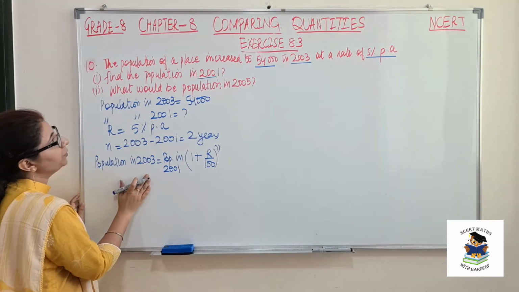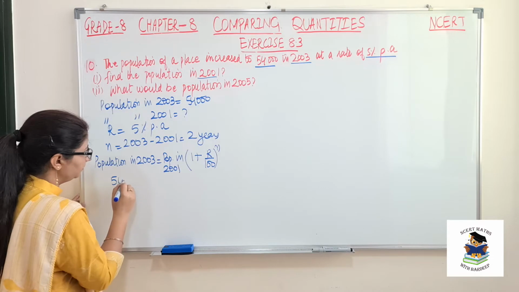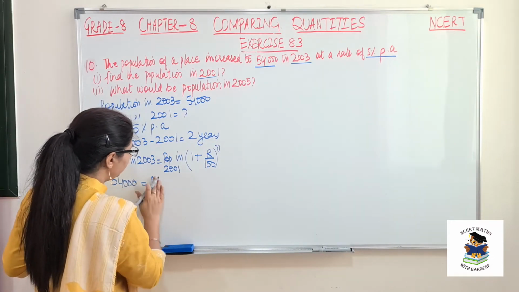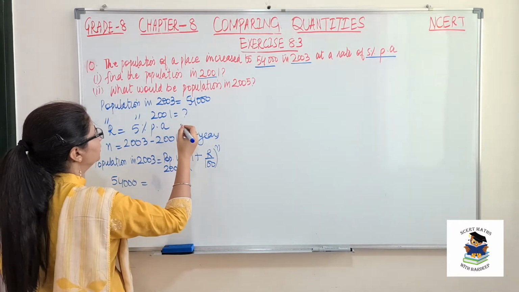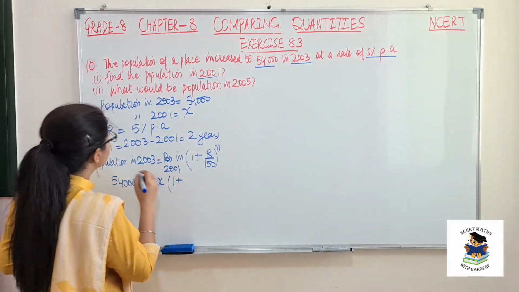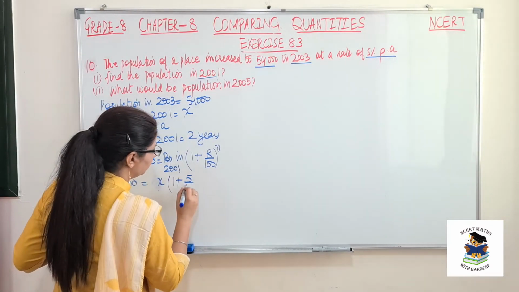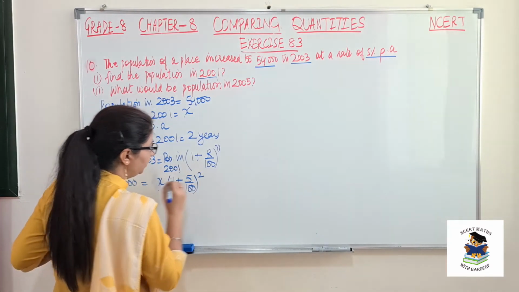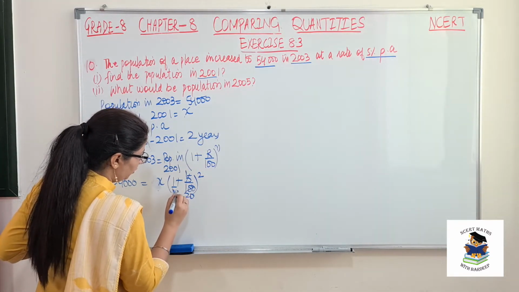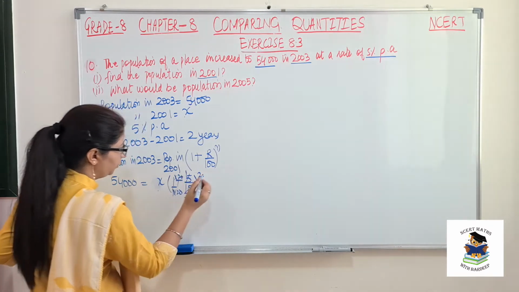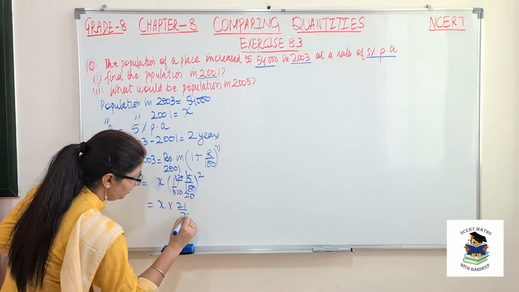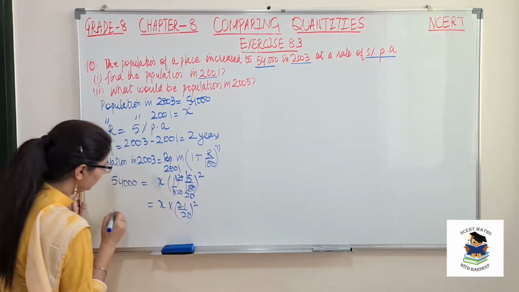Let's put the values. This is 54,000. This is the required value. Let us suppose this to be x, which will be easy for us to write. x into 1 plus r, which is 5 by 100, raised to power 2. This is 1 by 20. So when we take the LCM, this will become 20 plus 1 as 21. So x into 21 by 20 raised to power 2.